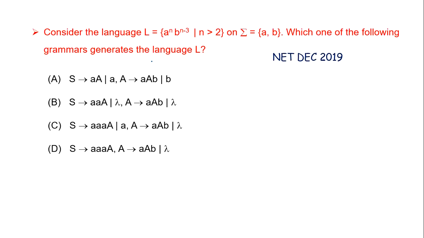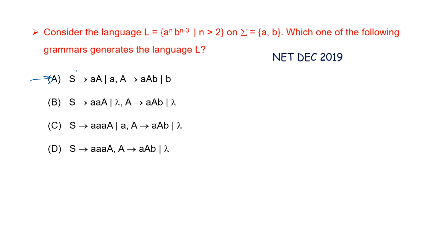Whenever we encounter these types of questions, the best approach is to find the smallest string from each grammar. So if we consider option A, let us find what will be our smallest string.